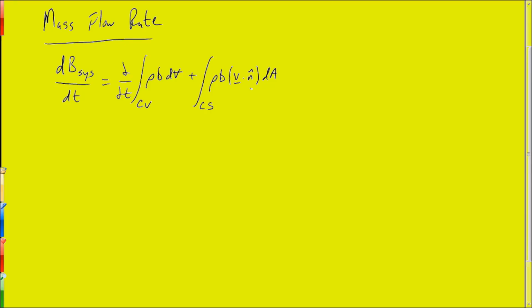Now, we briefly talked about conservation of mass, and we're going to develop that a little bit more formally now.